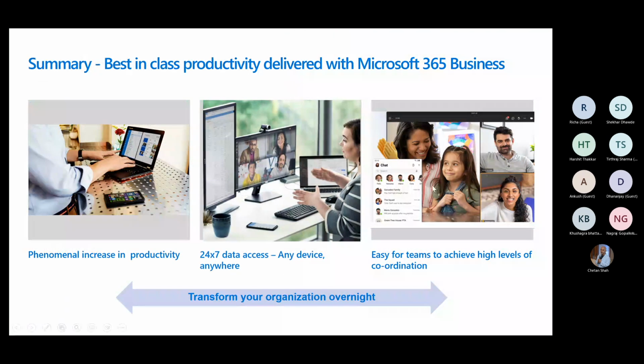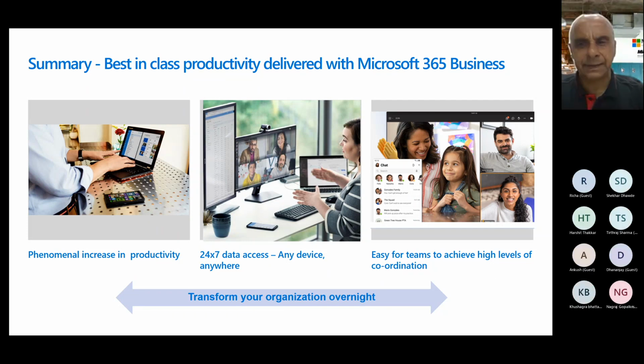All right, so that was the overview of the security features of Microsoft 365. So with this, I want to summarize and end this talk on Microsoft 365 here. And I just want to say that with all these features, one thing is clear: you can absolutely transform your organization literally overnight, because now your organization is on 24 by 7.